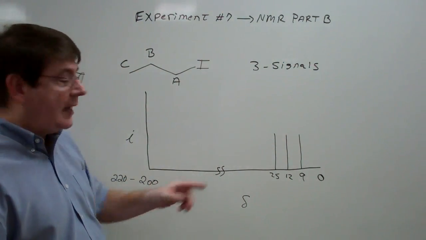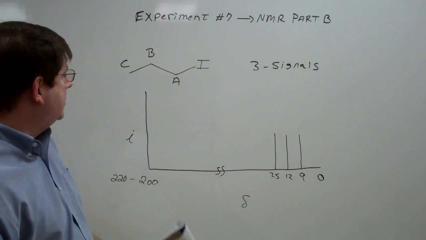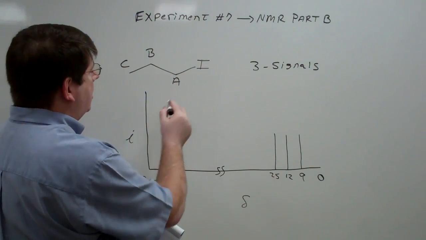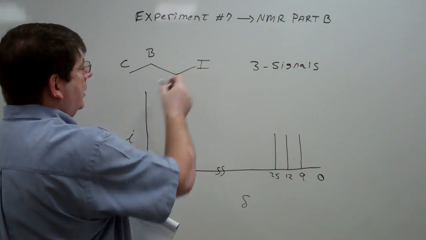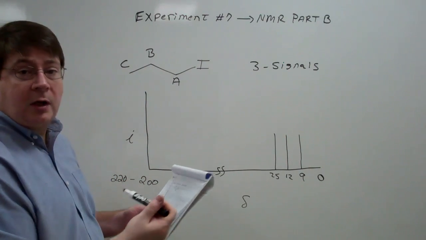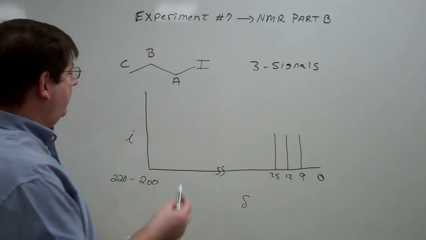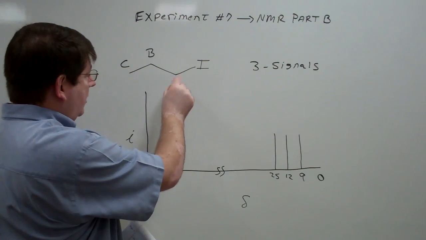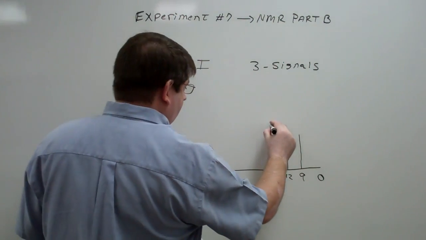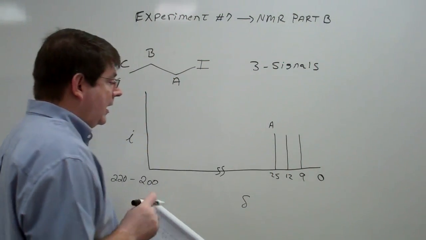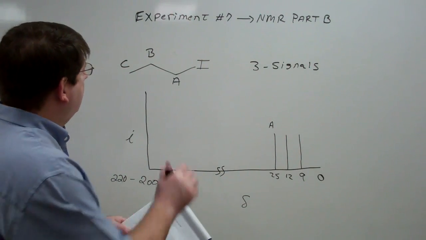And now we need to assign these signals to the carbons. And it turns out, just like in proton NMR, if you're attached to an electronegative atom, that pulls the carbon signal further downfield. So we would expect A to be the furthest downfield. We would expect that to be the signal at 25 parts per million.